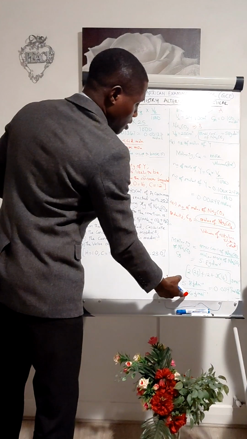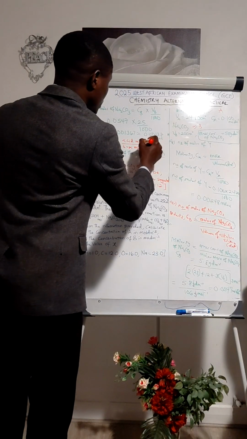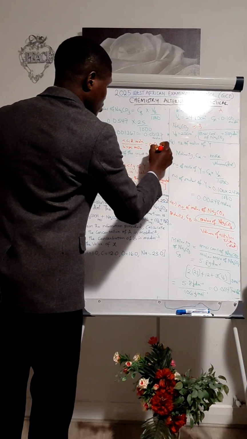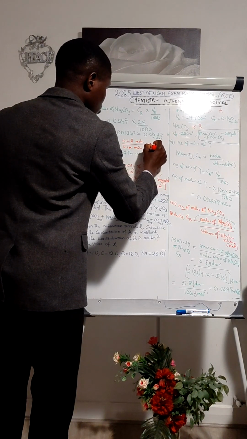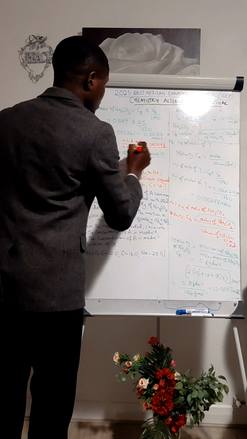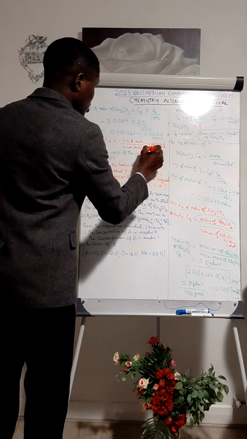What's the acid mole? The acid mole that you get is 0.0242. Okay, 0.0242 divided by, I would like to use this one, this is a better form, 0.00137.